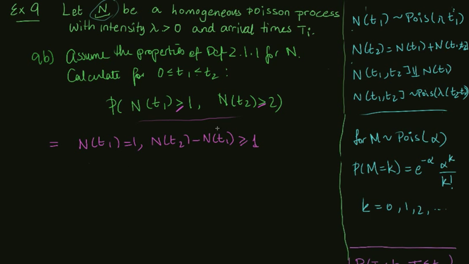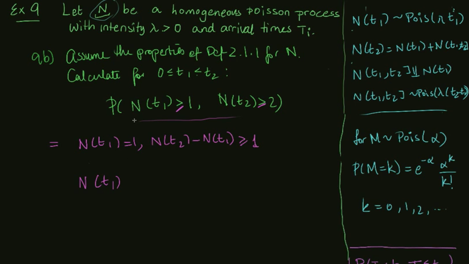So that's the case we have for N(t1) equal to 1. Then the only way we can include the event up here is if the increment from t1 to t2 is at least 1.